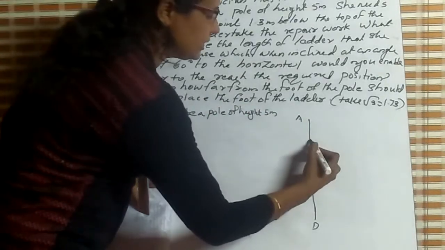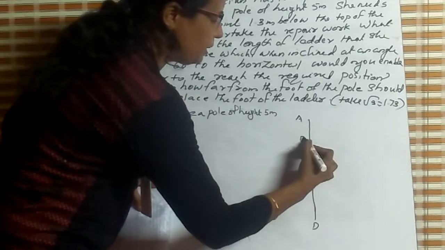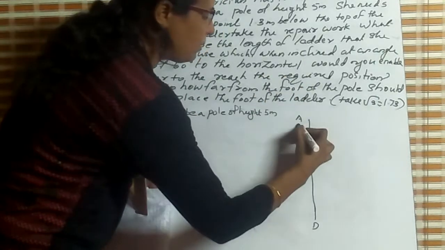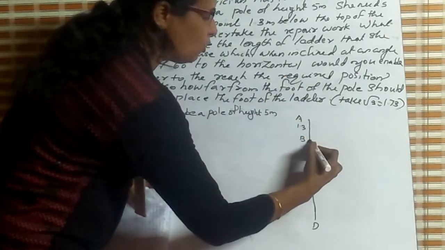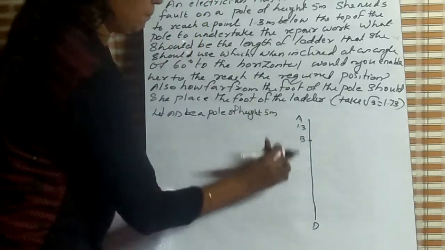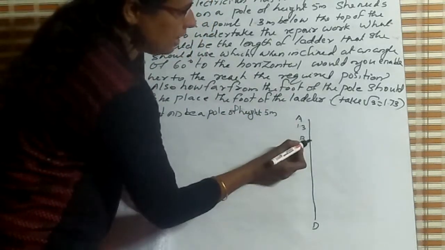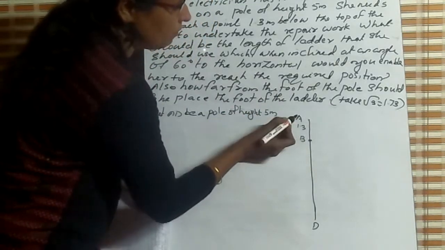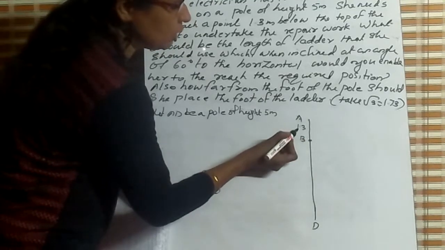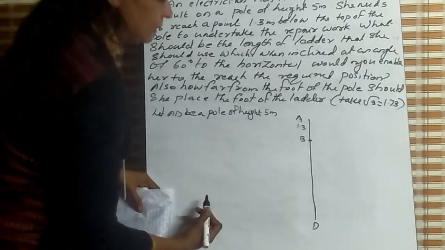She needs to reach the point on the pole that is 1.3 meter below the top of the pole. That means she has to reach this point B. What is the distance AB? AB is equal to 1.3.